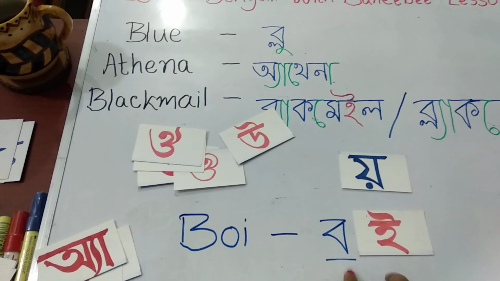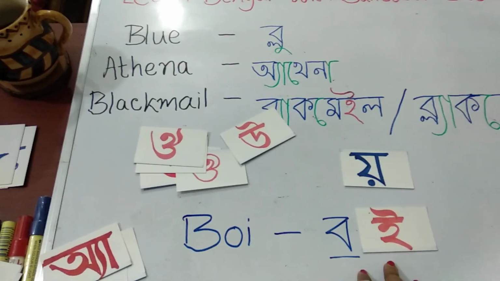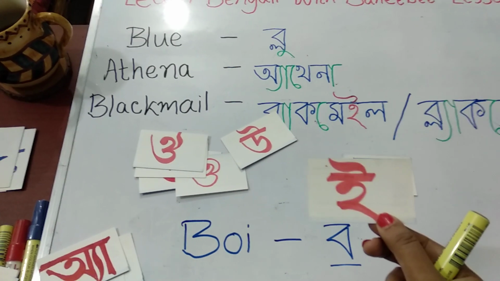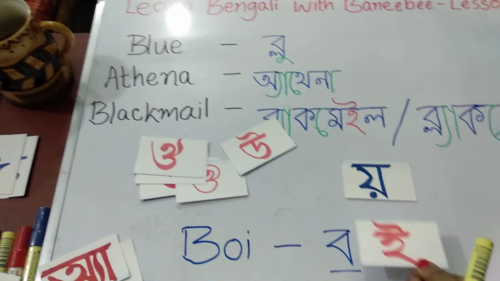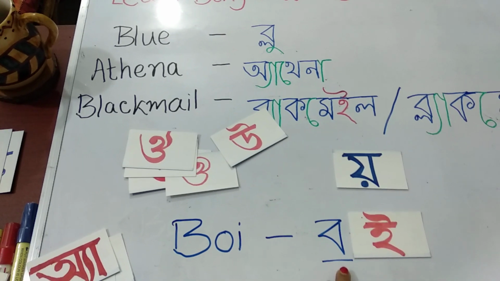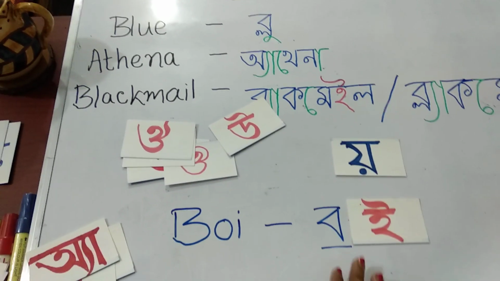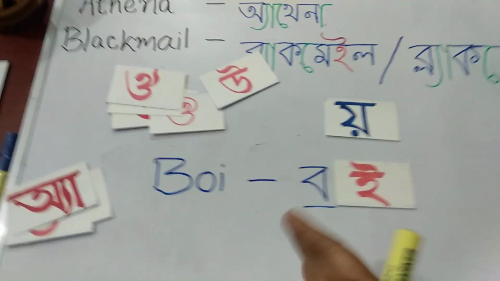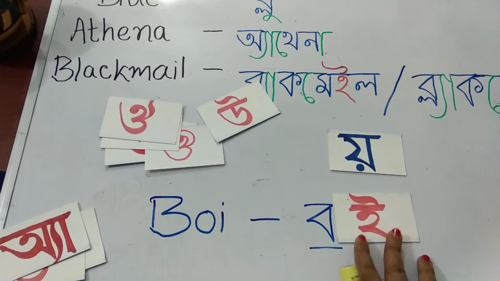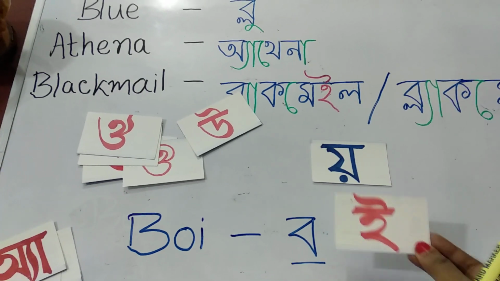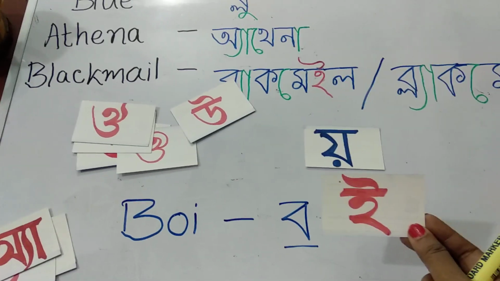Why? Because this letter has the power of making the O sound into O sound. Okay, so it's transforming the O to O. So instead of being boy, it is becoming boy just because it is being followed by this E vowel letter.